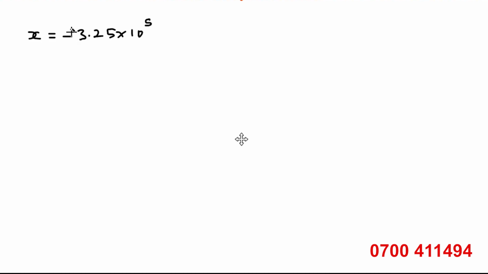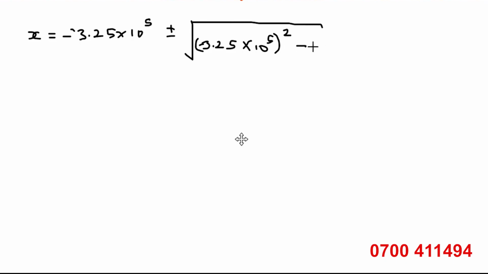So negative 3.25 times 10 to the power 5 plus or minus the square root of b squared, which is negative 3.25 times 10 to the power 5, squared, minus 4 times a, which is 1, times c, which is 1.875 times 10 to the power 10.